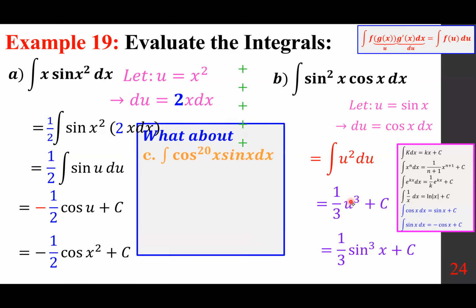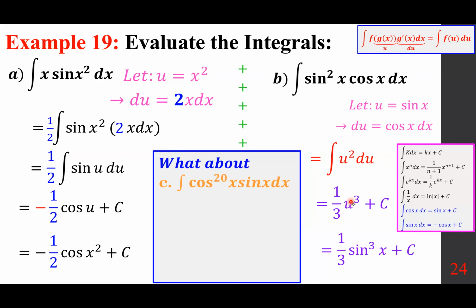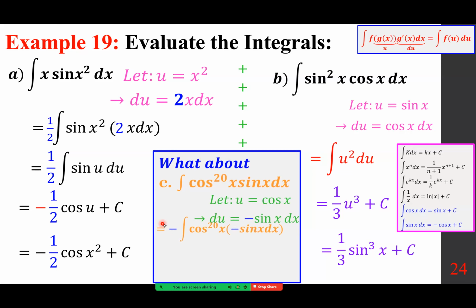I gave you this to do at home, and I went over that, so I'm going to remind you. Cosine has the exponent. That's the choice of u. Its derivative is minus sine x dx. So I put a negative in, negative out to undo that.